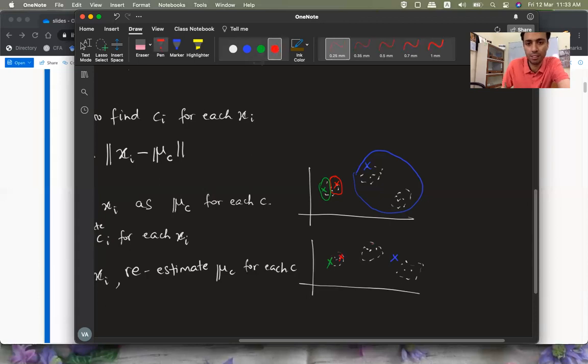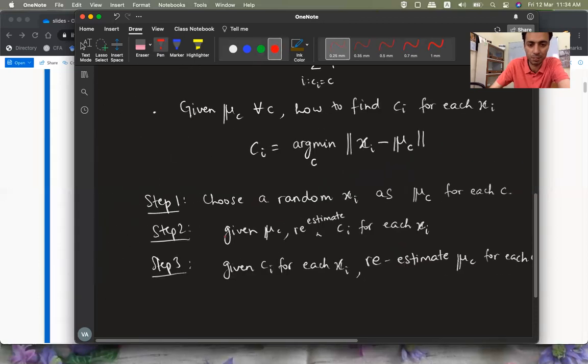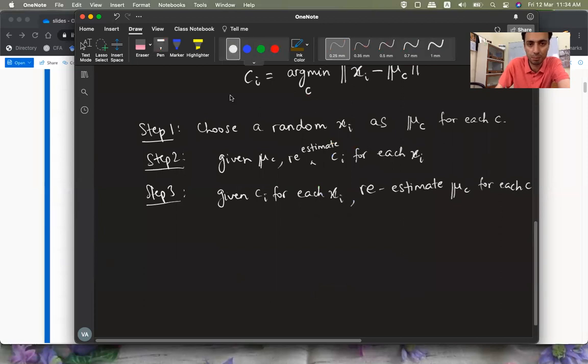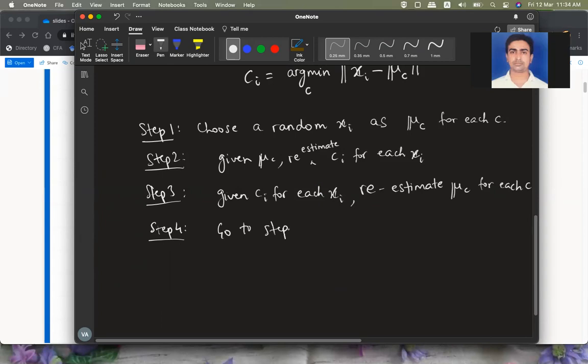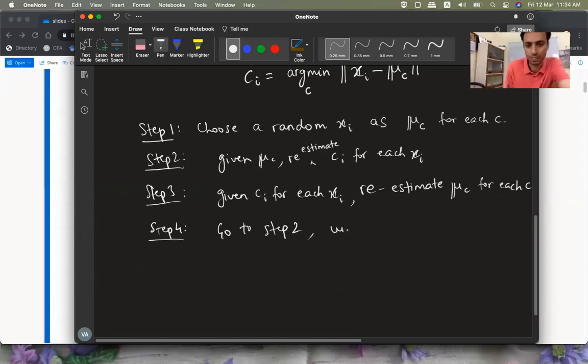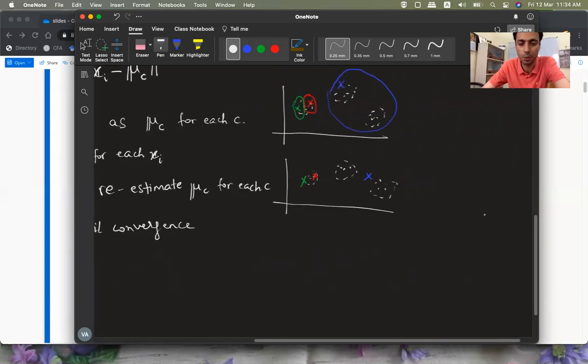Now the next step is to go back to step 2, until convergence. I will discuss what convergence is. This is an iterative algorithm. So go to step 2 until convergence.